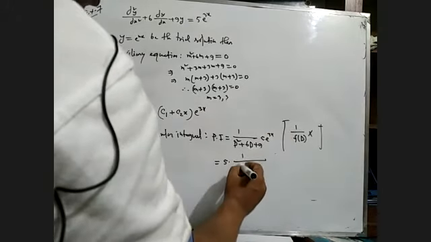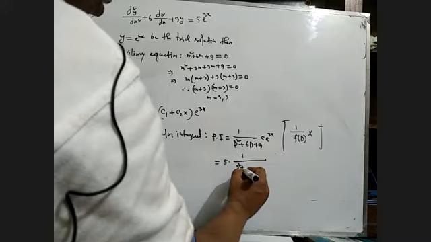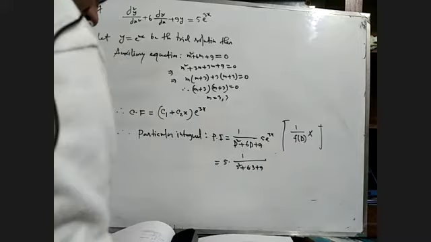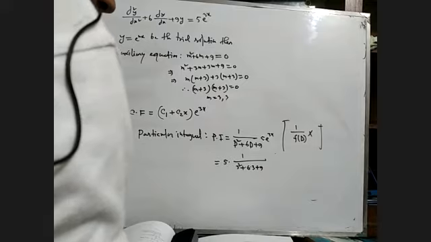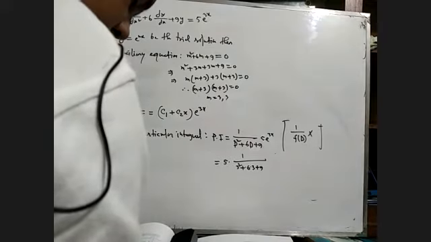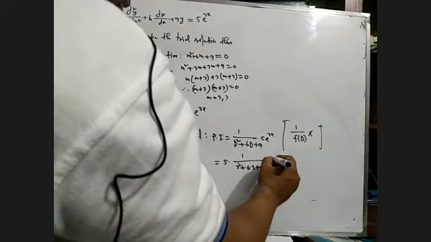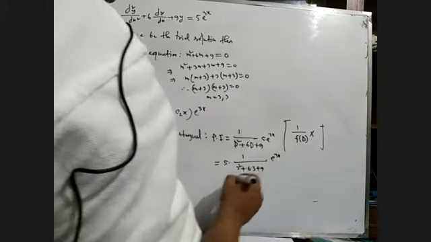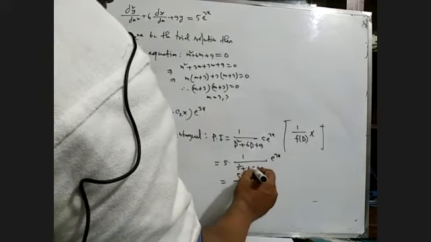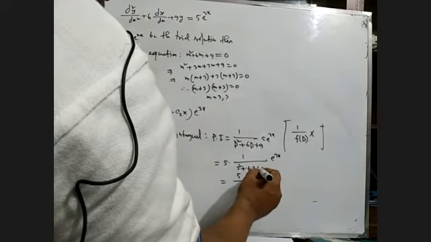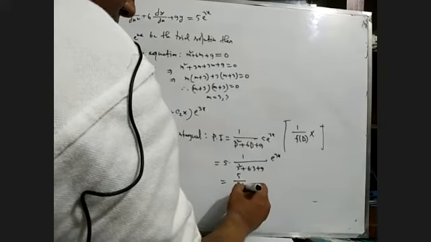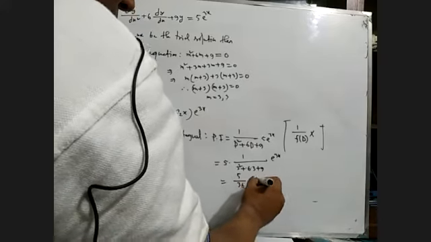M is what? 3. That means 3 square plus 6 into 3 plus 9. Just putting D equals 3, e to the power 3x. So this equals 5 divided by 3 square plus 18 plus 9. What? This will be 36, e to the power 3x.